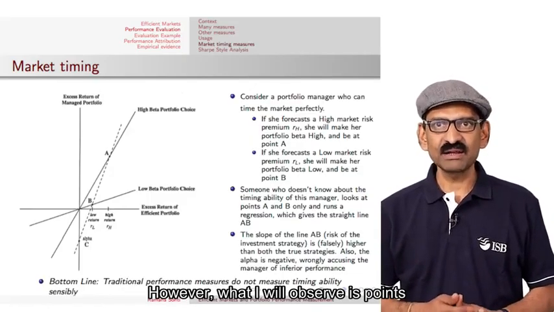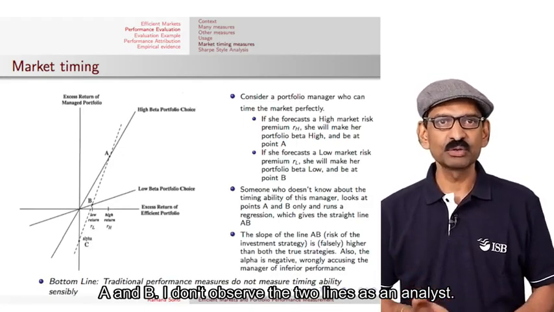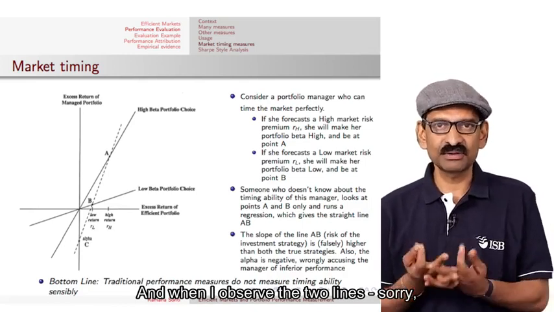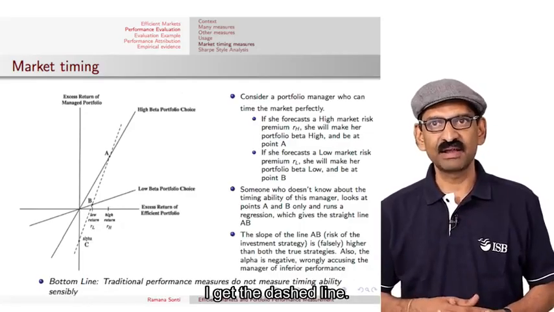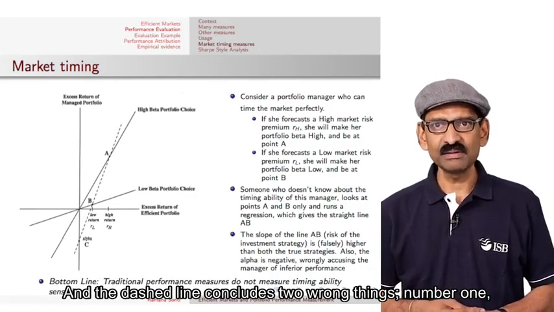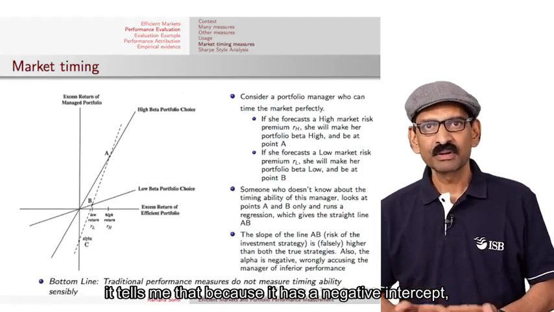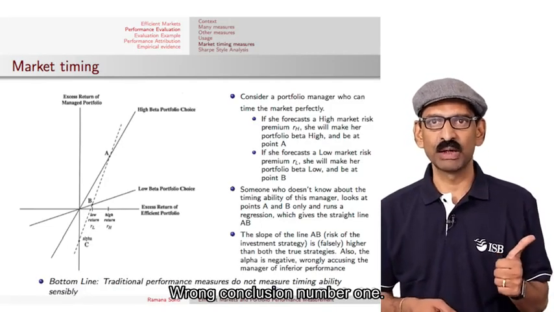However, what I will observe is points A and B. I don't observe the two lines as an analyst. And when I observe the two points A and B and connect a line through them, I get the dashed line. And the dashed line concludes two wrong things. Number one, because it has a negative intercept, it tells me the fund manager has a negative alpha. Wrong conclusion number one.